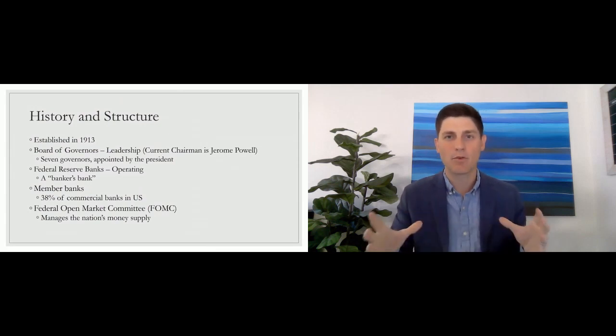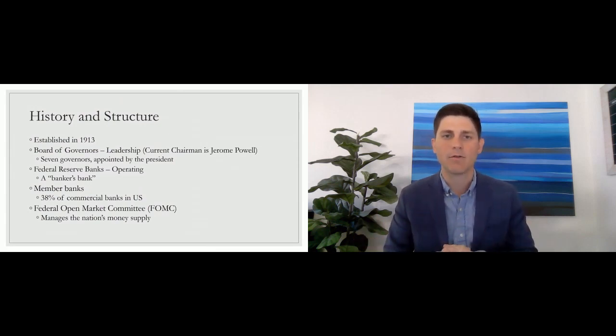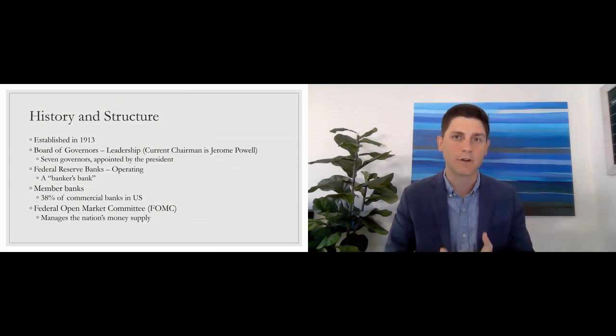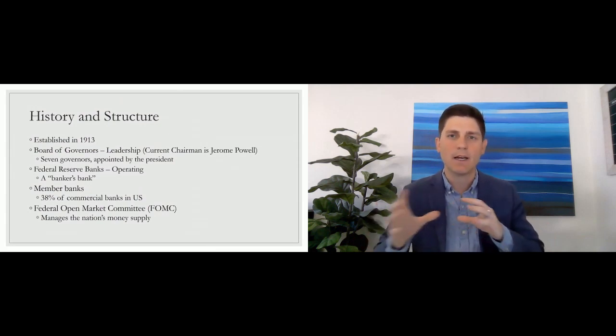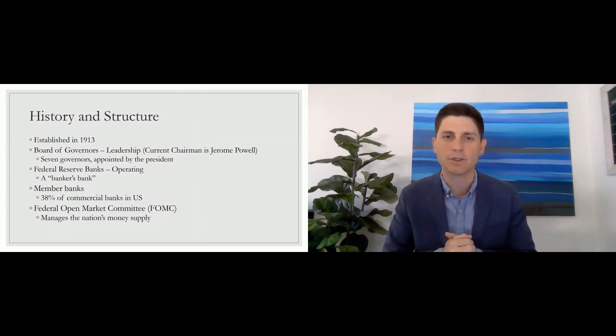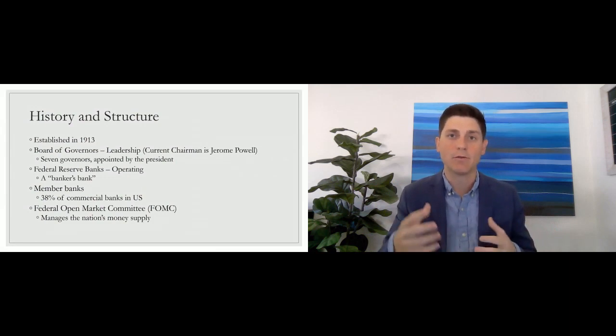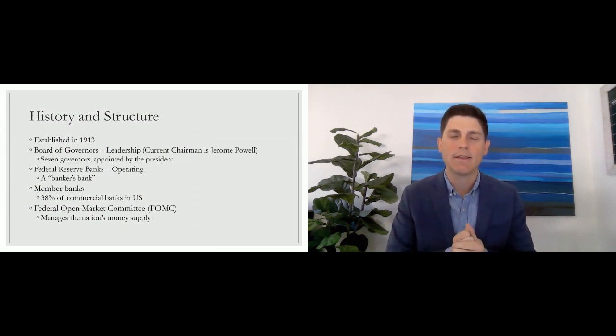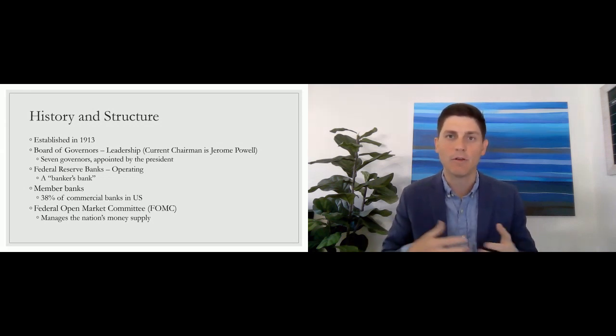So then the operating arm of the Federal Reserve are the 12 Federal Reserve banks. Each of them covers a different part of the country. Think of the Federal Reserve banks as a banker's bank. So for instance, here in Kansas, the member banks use the Federal Reserve Bank of Kansas City for all their needs.